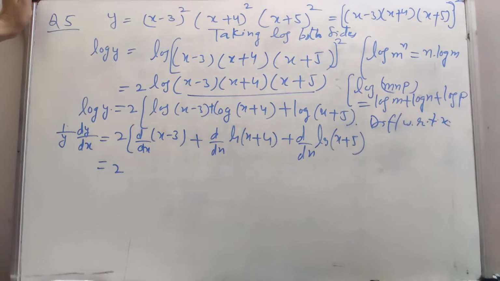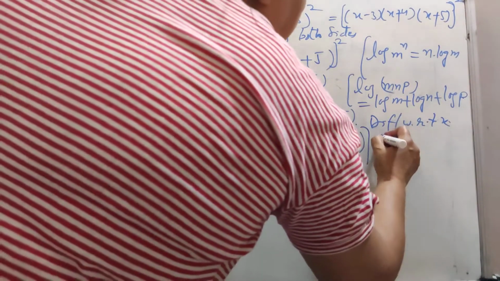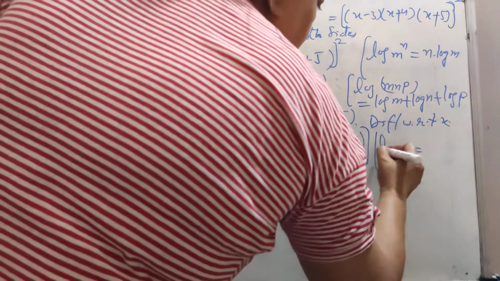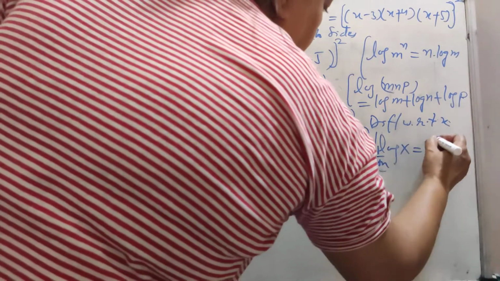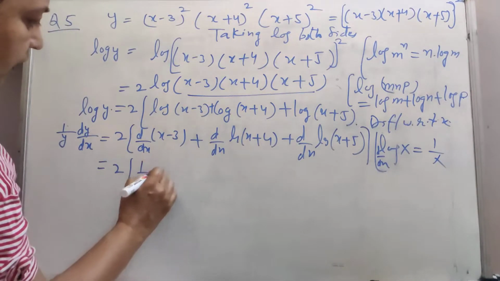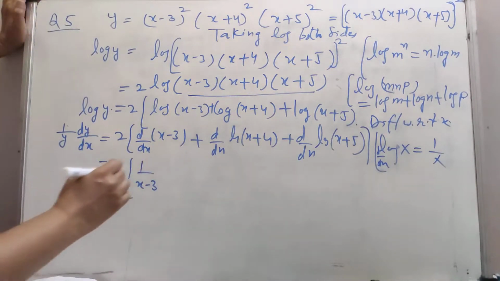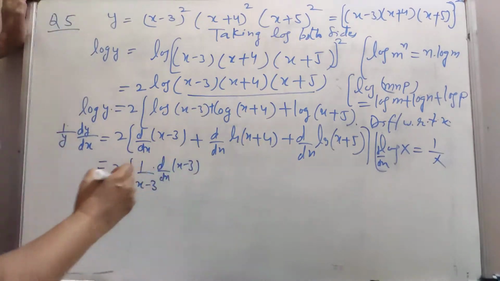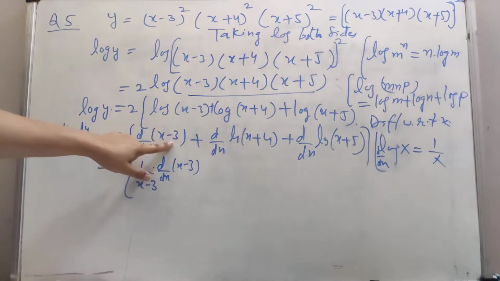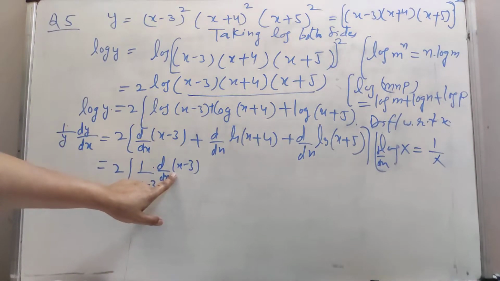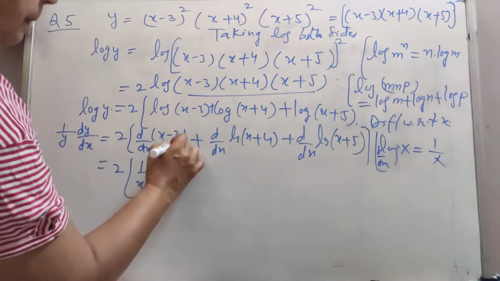We have done in the previous question that the derivative of log x is 1 over x. So this is 1 over (x minus 3) into the derivative of (x minus 3). No doubt, the derivative of x is 1, but we will write it down first because this is capital X.